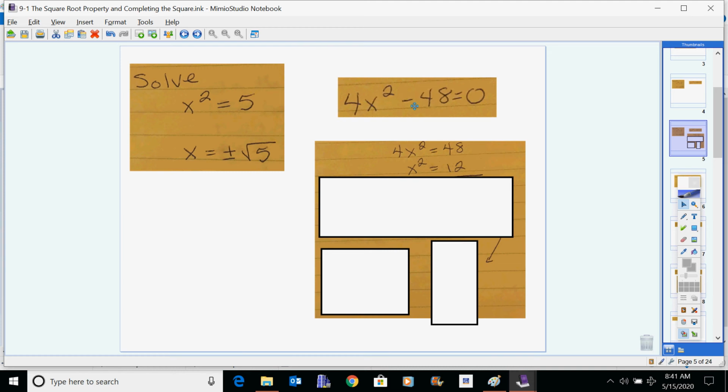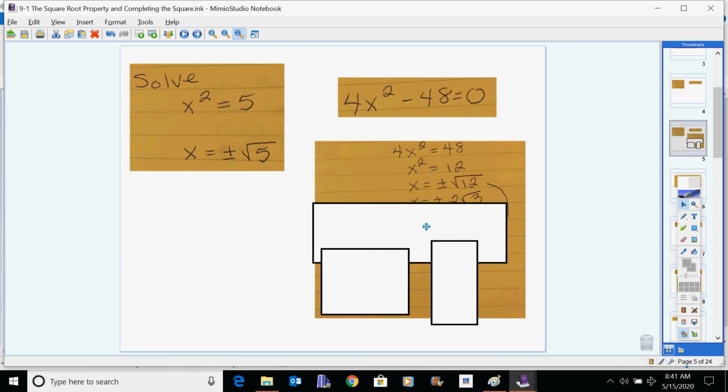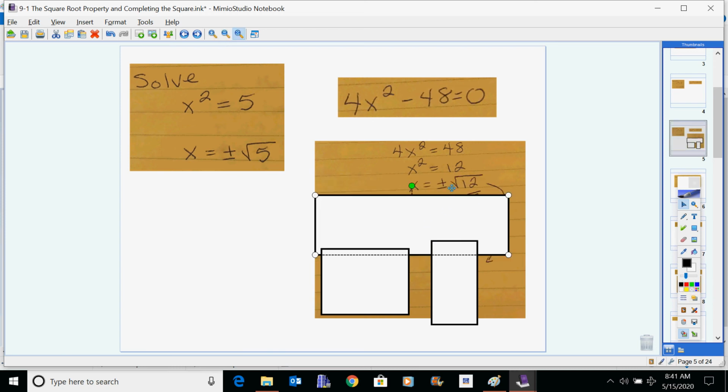So we can start off by doing plus 48 on both sides. And then that will give you x squared equals 12 when you divide both sides by 4. Then you can square root both sides, keeping in mind that there's two answers, the plus version and the minus version of it. And then when you simplify this, don't forget your factor trees.